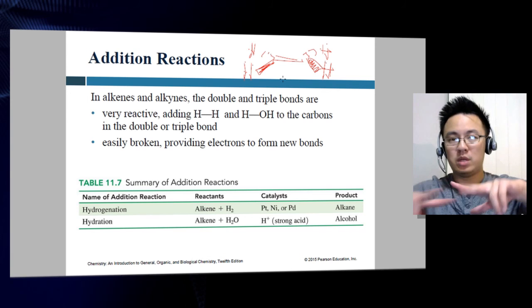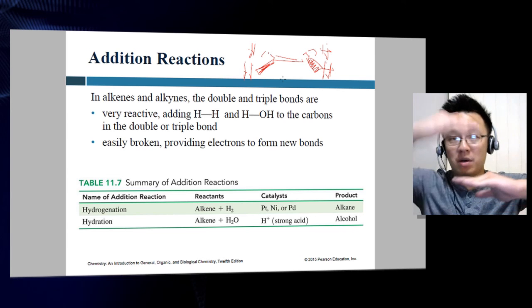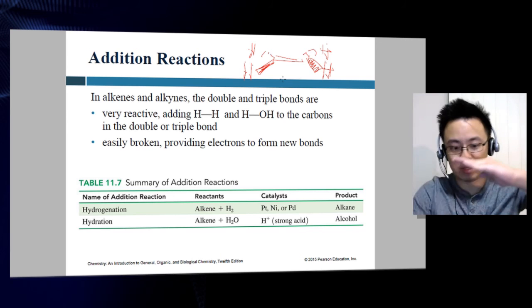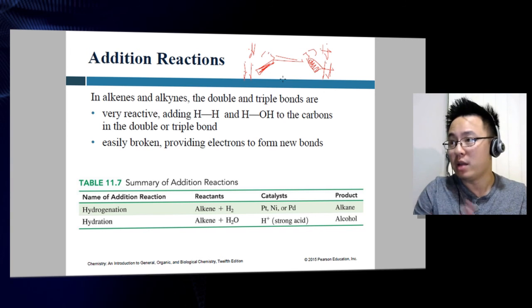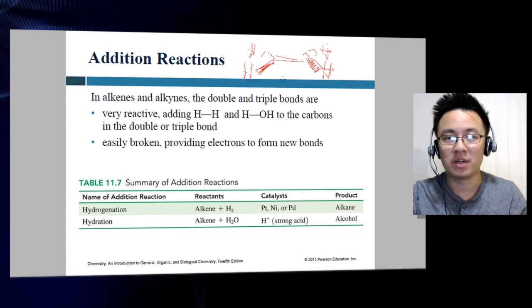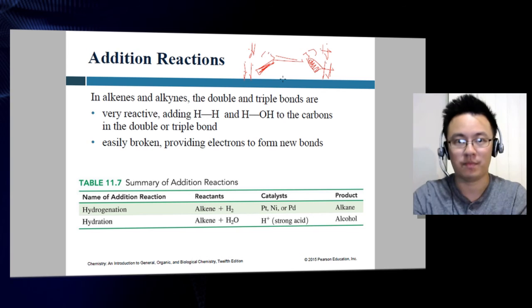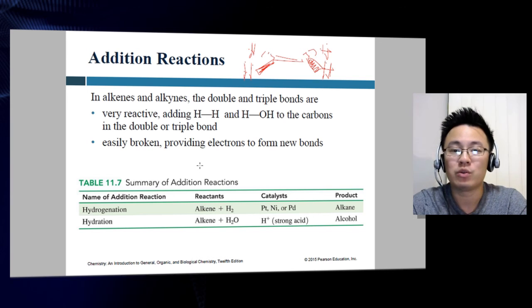Even though the molecule ethene is kind of flat, above and below we have those pi electrons sticking out. These pi electrons can attack different kinds of molecules out there. That's why they are very reactive. They stick out and are easily broken, providing electrons to form new bonds.